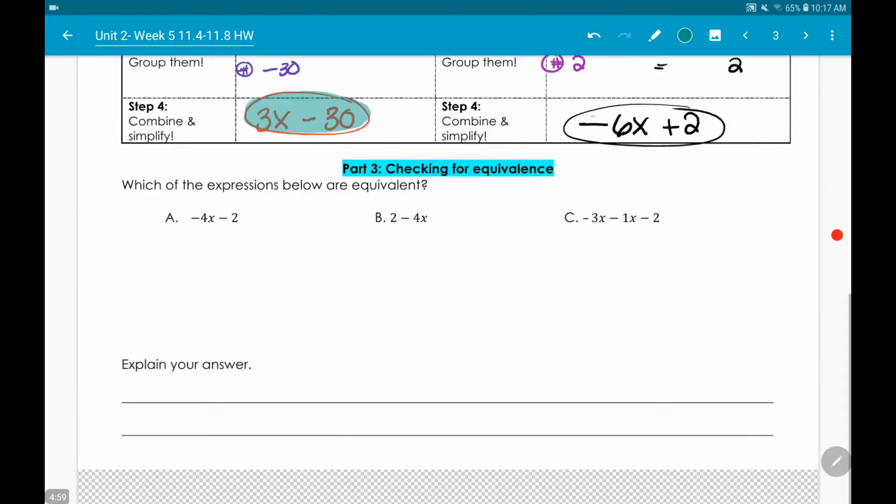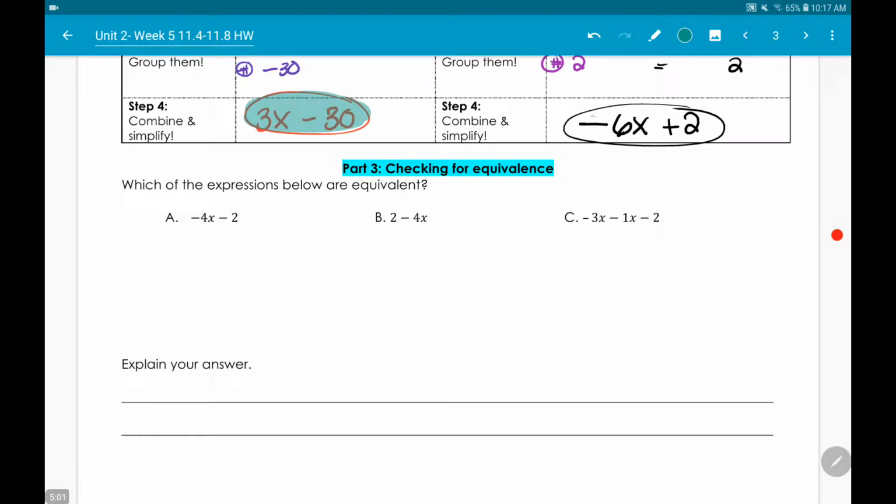Okay, so in order to check to see if we did that right, we need to check for equivalence. So this is asking which of the expressions are equal. So they look different, but their answer should be exactly the same because we're creating equal expressions. So to do that, I need to pick a number for our variable.